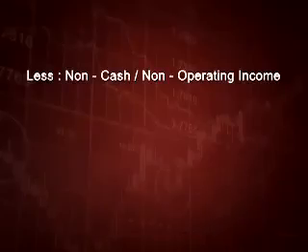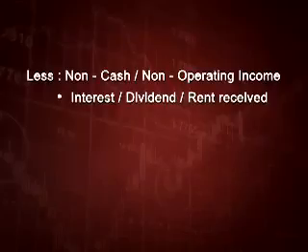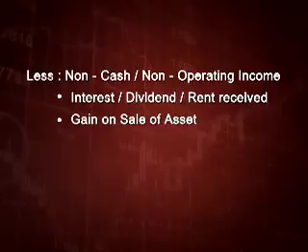Then we have to subtract all those non-cash and non-operating incomes also, which are not related to the business and which are not cash, like interest, dividend, rent received, and the gain on sale of asset. Gain on sale of asset is a non-cash and non-operating item, because selling assets is not our business.